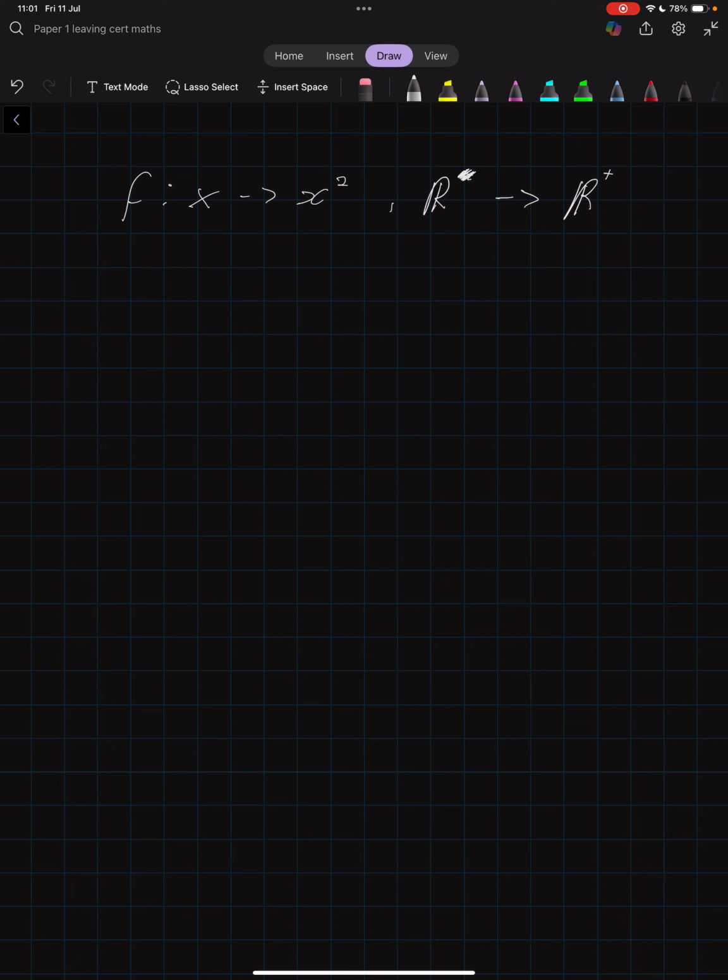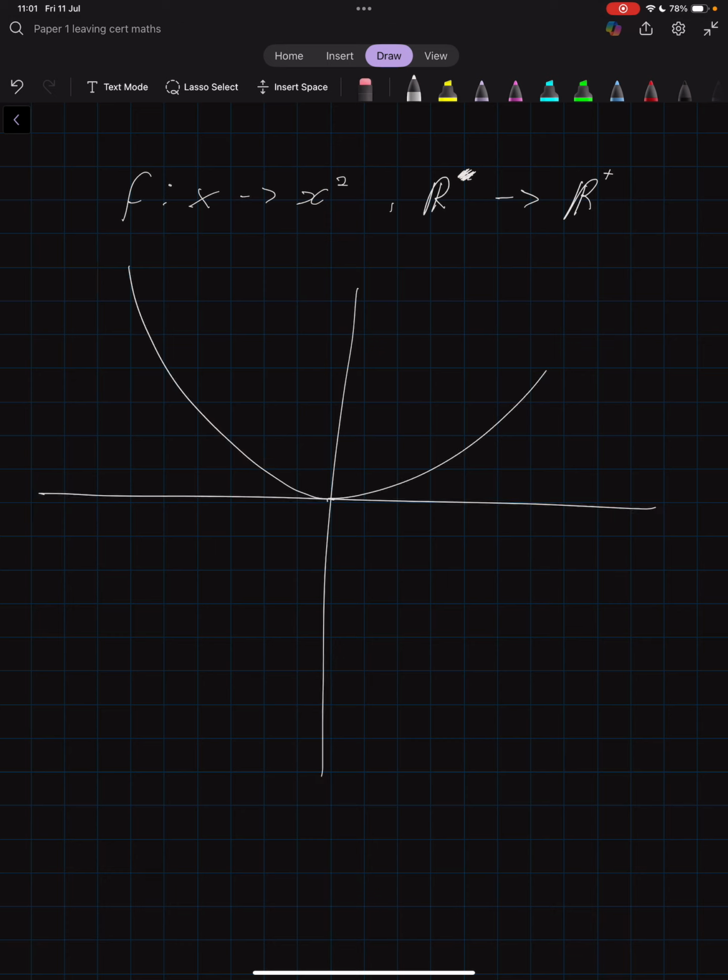What this basically means is that you graph your y equals x squared, but you only graph it for greater than 0. Because this is R positive, which is basically saying that y has to be greater than 0.